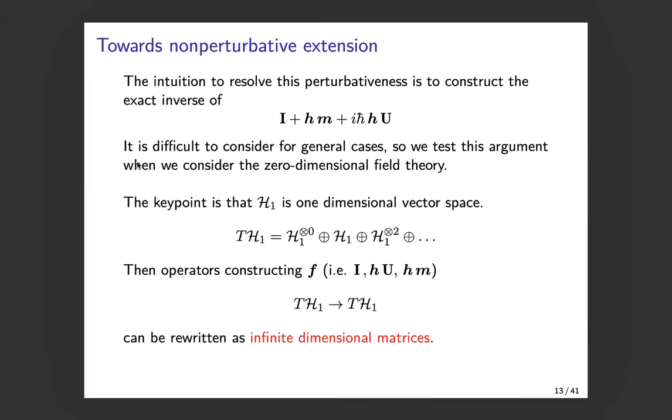It is difficult to consider for general cases, so as I said, we test this argument when we consider the zero-dimensional scalar theory. The key point is that H1 is a one-dimensional vector space. In general, H1 is an infinite dimensional space because, for example, for a d-dimensional scalar field we have the space-time index.